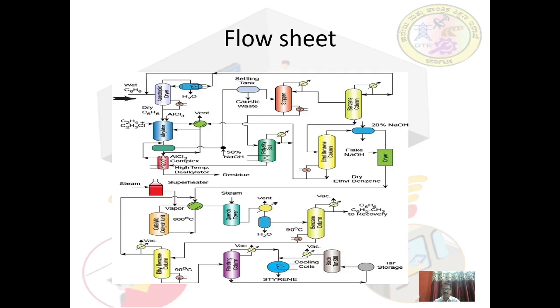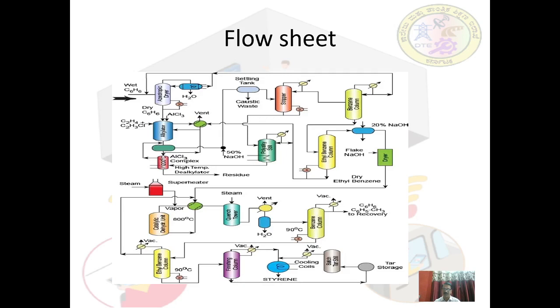Styrene obtained here as the bottom product can be polymerized in the same unit or sent to another polymerization unit for further production of polystyrene or styrene butadiene rubber in this separate polymerization unit.